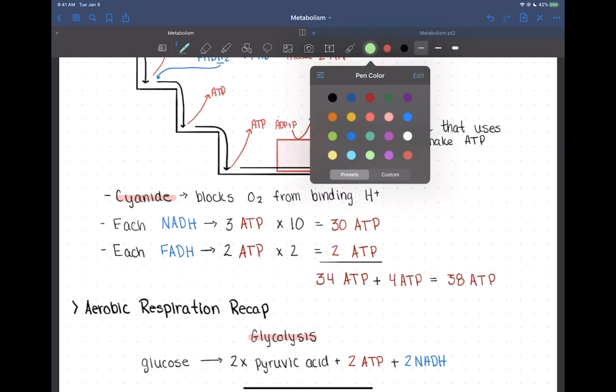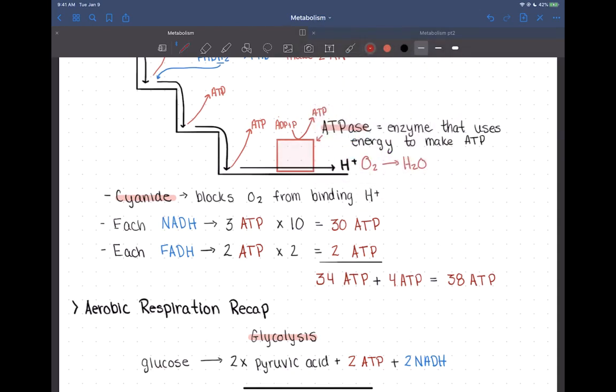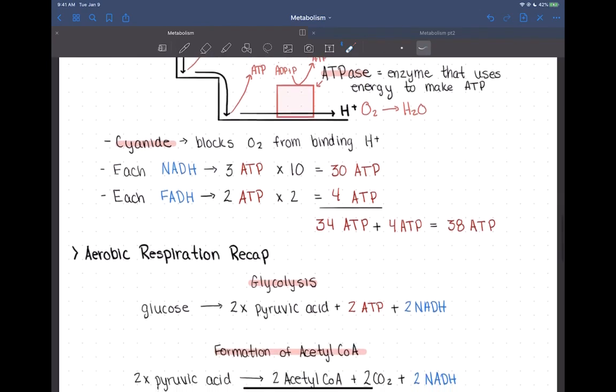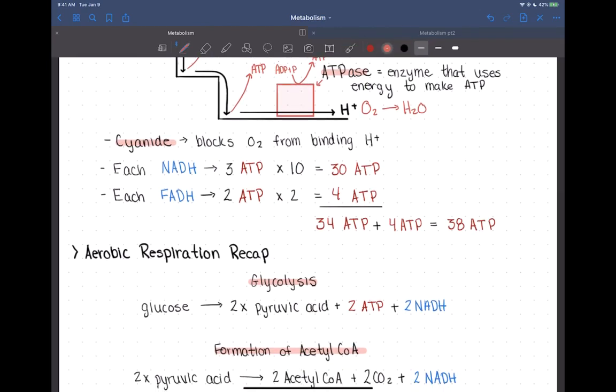Then we have 2 FADH2s, each one making 2 ATPs, so that would give us 4 total.